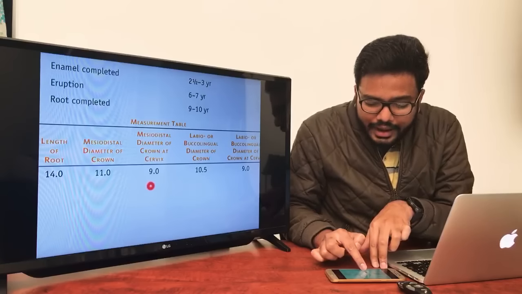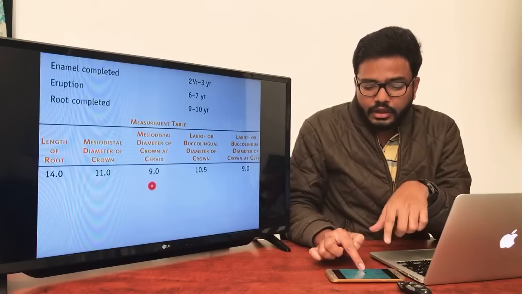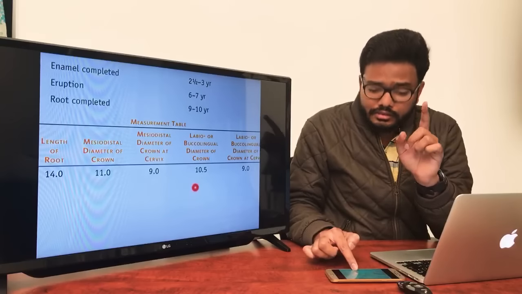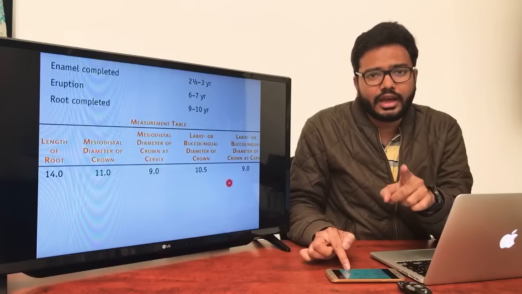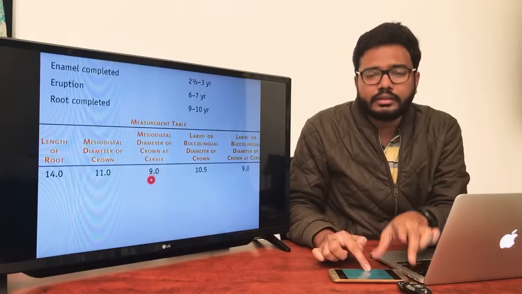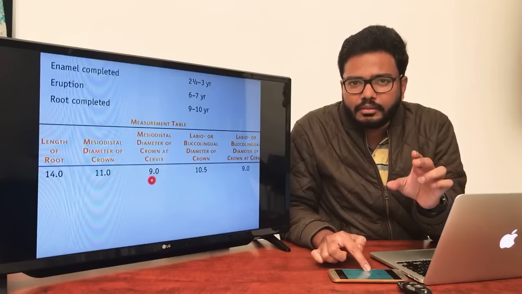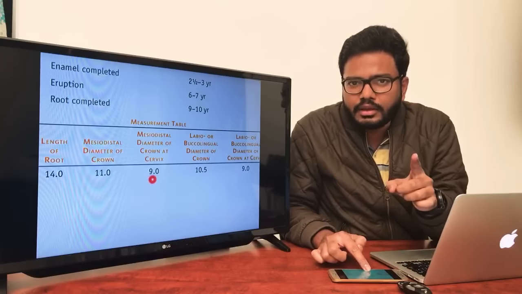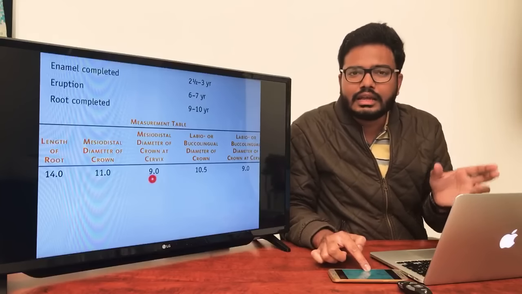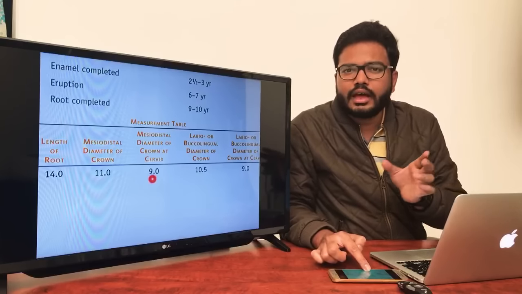Mesodistal diameter at the cervix is 9 mm. Buccolingual diameter of crown is 10.5. The buccolingual at cervix is 9 mm, which means mesodistally and buccolingually, the molar has the same dimensions at the cervix, that is 9 mm. But when you look into the overall diameters, mesodistal is 0.5 mm greater than buccolingual.